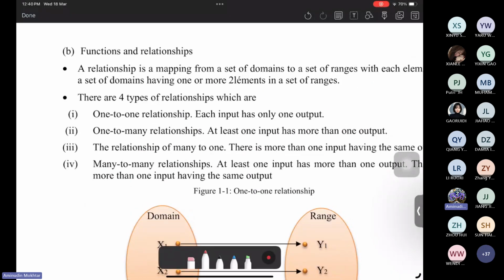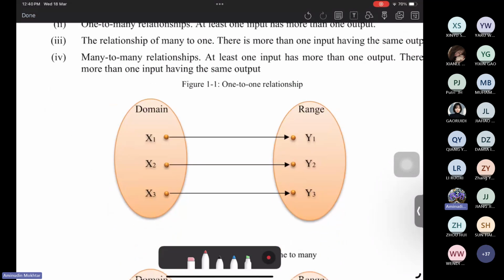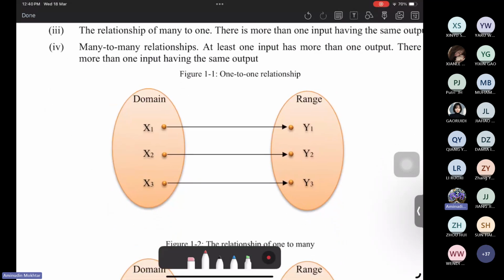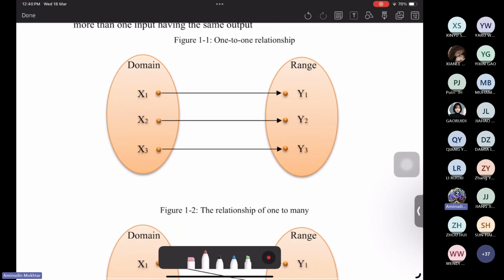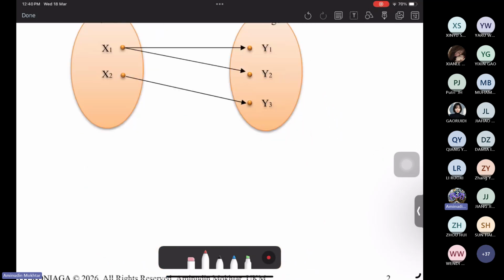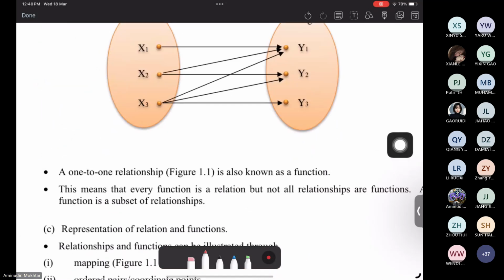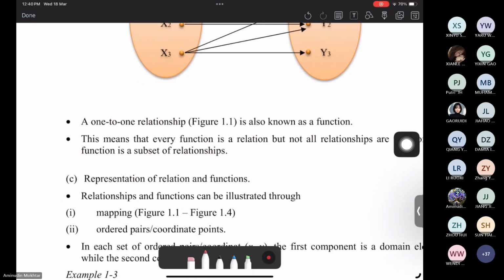Please, with this function, just apply the concept of how to figure out the domain and range in terms of one-to-one, one-to-many, and so on. Okay, any questions so far? No, sir.